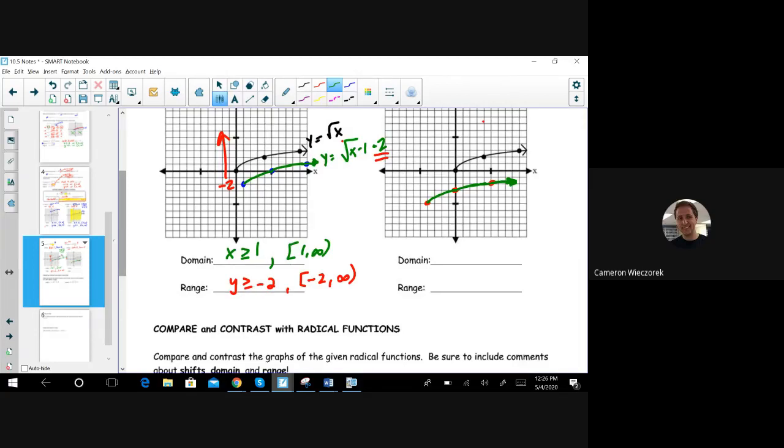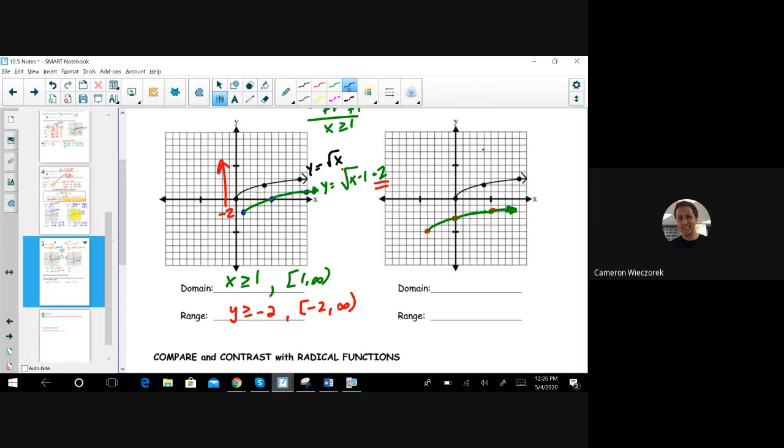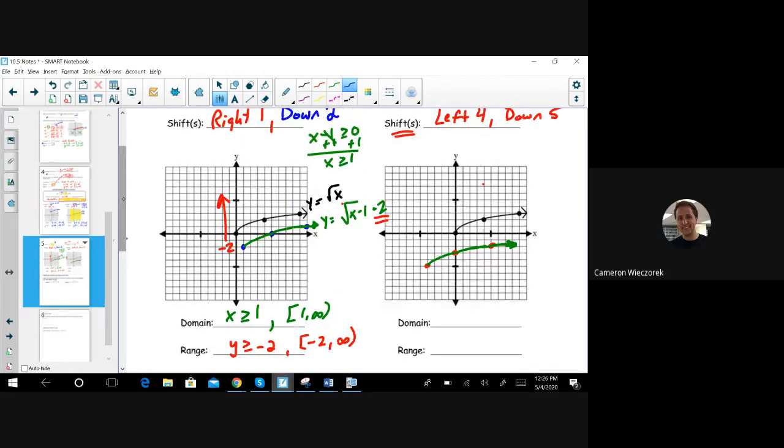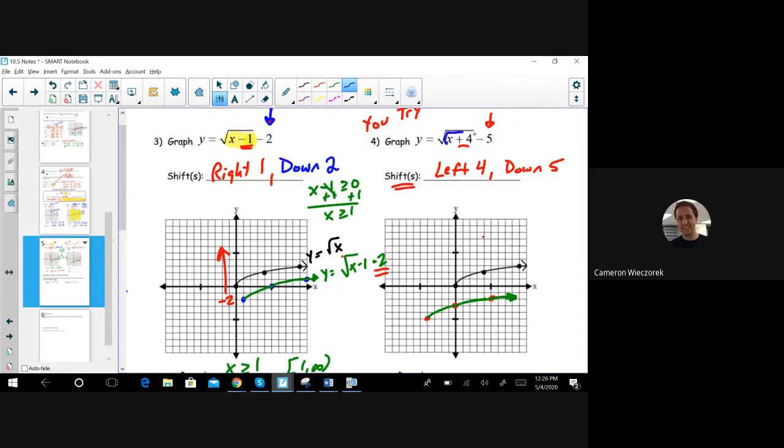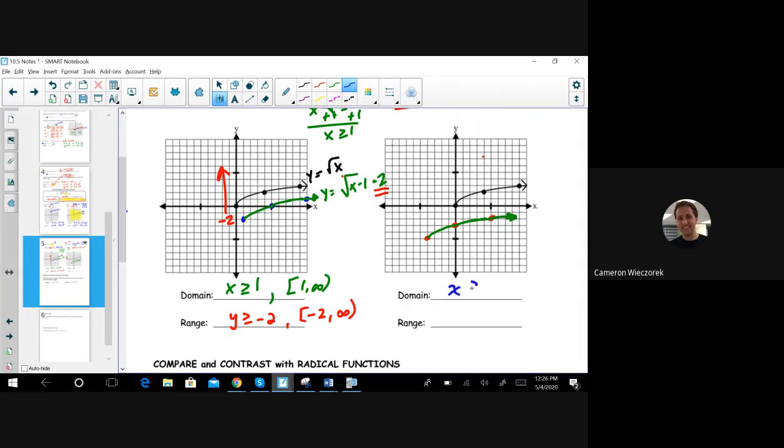All right, so domain, you can get it from the picture, you can get it from the equation. All I'm going to do is take what's under this radical, and I know it can't be negative, so if I set it greater than or equal to 0 and I solve that, it means that x has to be greater than or equal to -4. And I'll put the interval notation so you can check that if you did that instead.